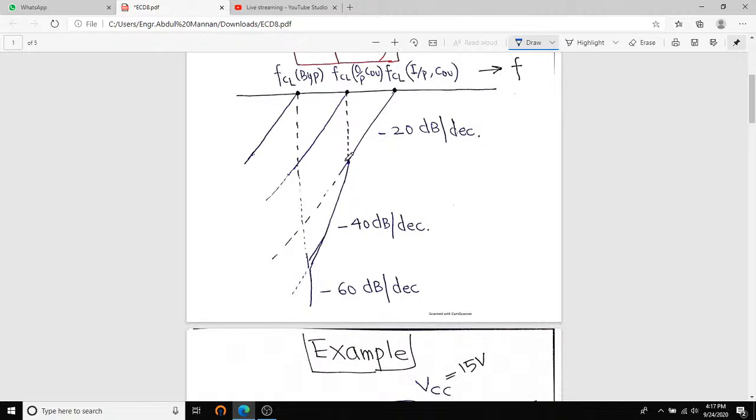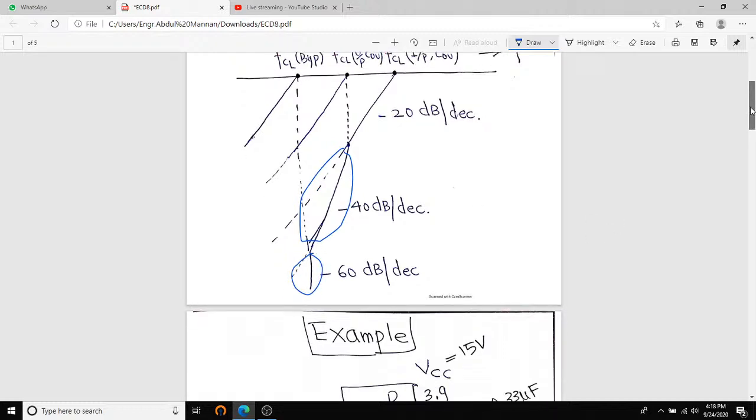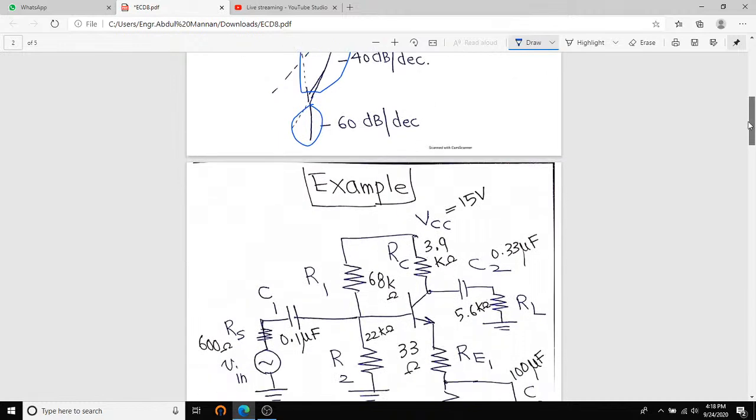So the fall is steeper than the fall was here, and the fall here is even steeper than the fall it was here in this region, right? So this fall is steeper than this, and this fall is even steeper than this fall, right? To better understand the concept, let's solve an example.